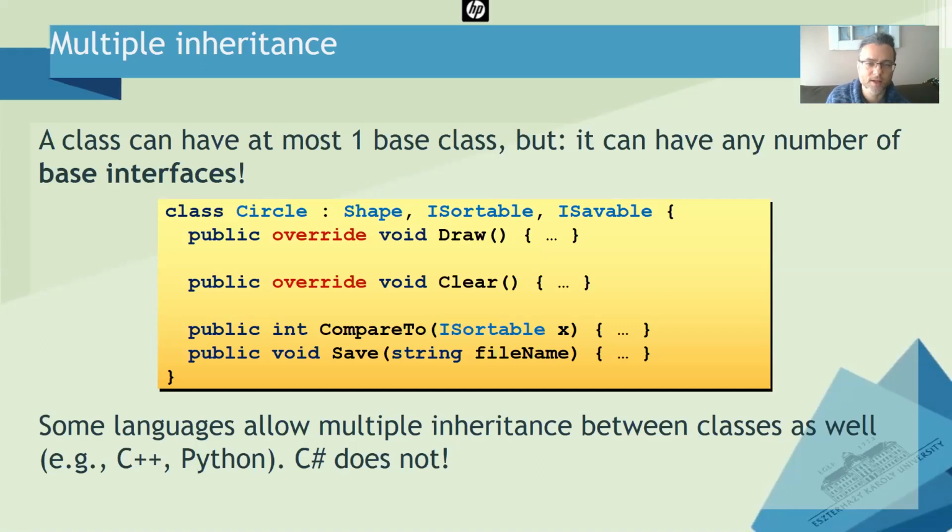So this circle class is derived from the shape class, so shape is a class, and also from two interfaces. You can see that they are interfaces because they have the letter I in front. So this is possible in C#.